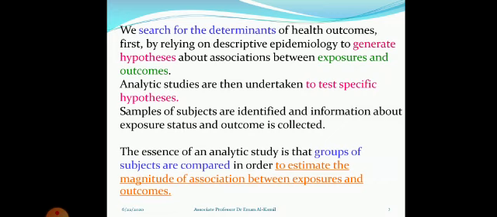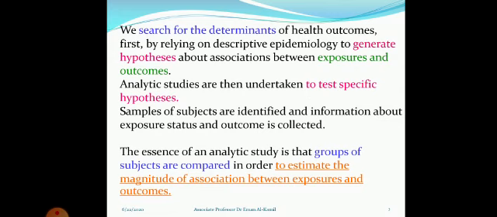So by the analytical study, we are going to confirm this association or not by carrying out different analytical studies, to test the hypothesis which we have already assumed by the descriptive study, and to see whether there is association between the risk factor and the outcome of the disease, also for confirmation of the hypothesis.